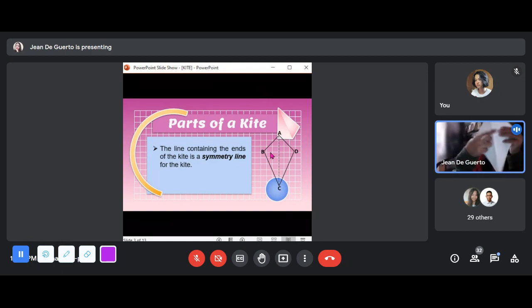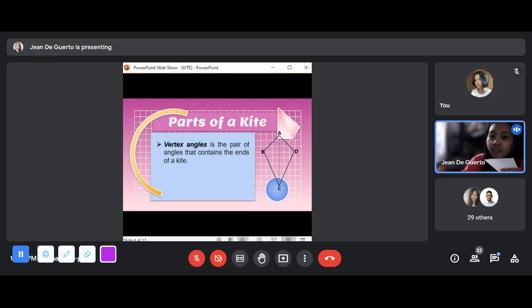So, etong line na to, pag kinonect natin ito, yung first end, yung upper end natin, saka yung lower end, we form the symmetry line. So, pag finold ko siya along the symmetry line, kung ano yung itsura nitong side na to ng kite, ganun din dito sa kabila. Okay? Kumbaga, reflection nitong part na to ng kite, etong kabila. Okay? So, segment AC is the symmetry line of kite ADCB.